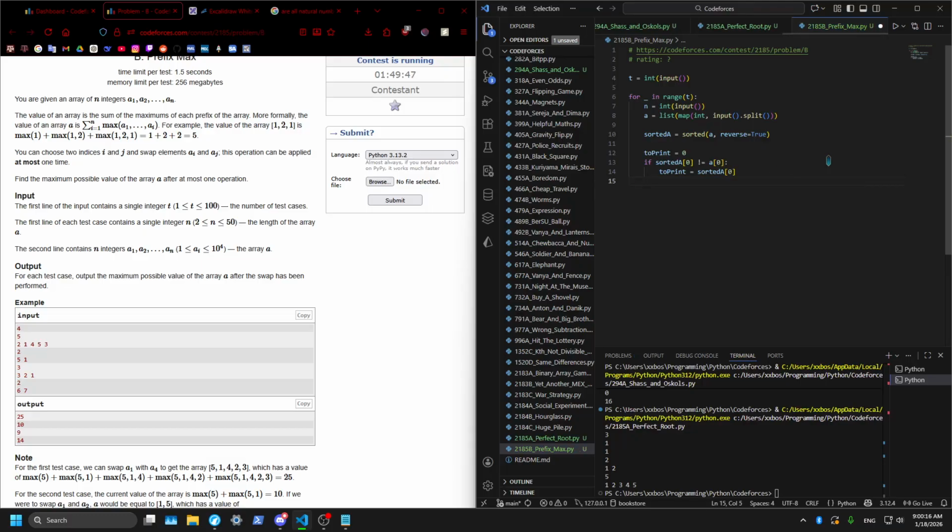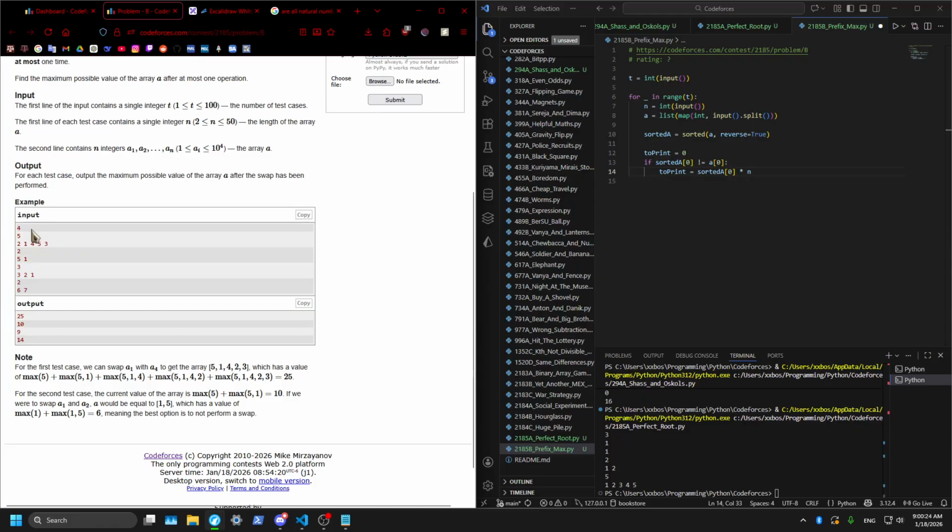Else, it's sorted A0 times n. Alright, let me just double check. For the first test case, n is 5. Sorted is 5. 5 times 5. Yeah, this one is 5 times 2, 10. Okay, yeah. Else.